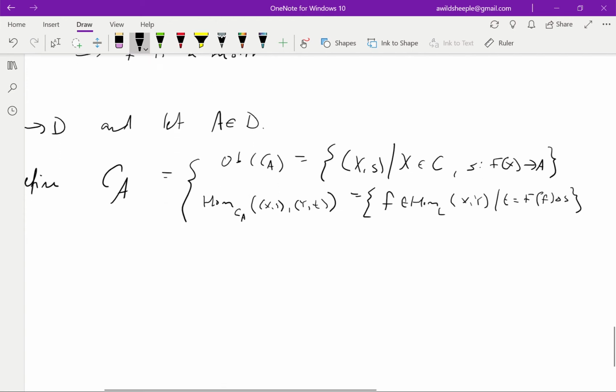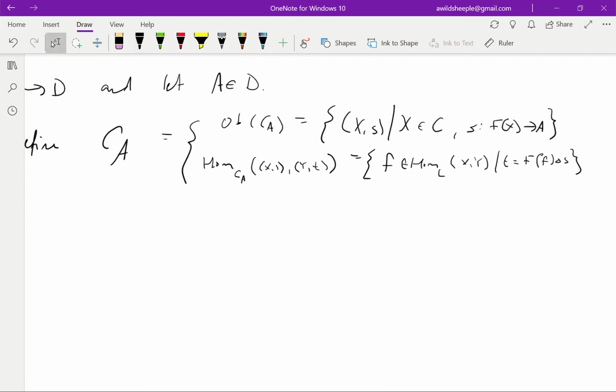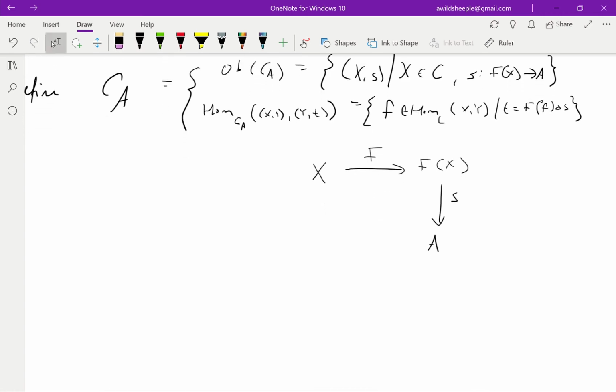Okay, so what's going on here? So we have x here, and we apply F to get to F of x. And then we have this guy s, which goes to A. And this is sort of the data of an object in this category. And so if I have two of these guys, maybe I'll put another such drawing over here.